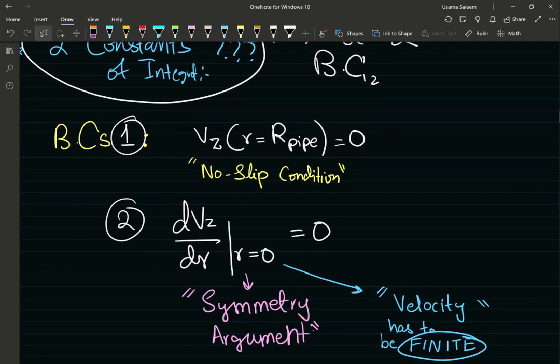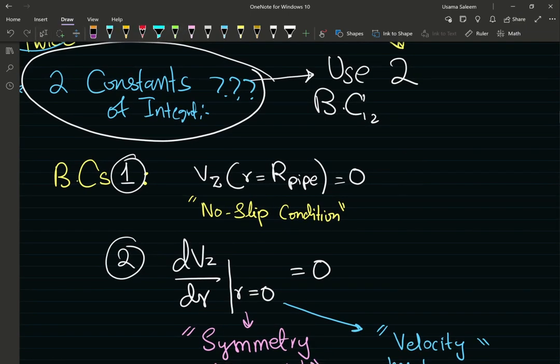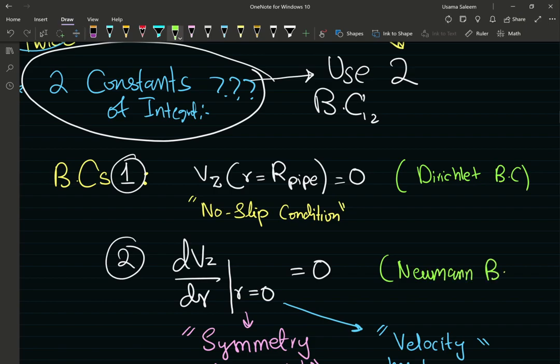All right. Just before we move forward, I'm going to teach you some terminologies regarding boundary value problems. This right here is, oops, sorry, my tablet is a little wacky at times, you know that? It's a Dirichlet boundary condition. And this right here is a Neumann boundary condition.